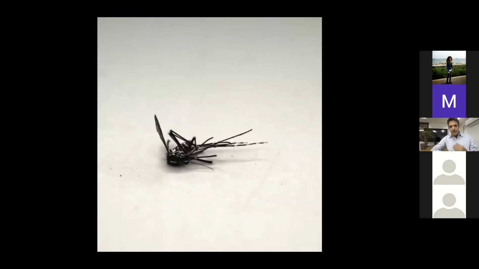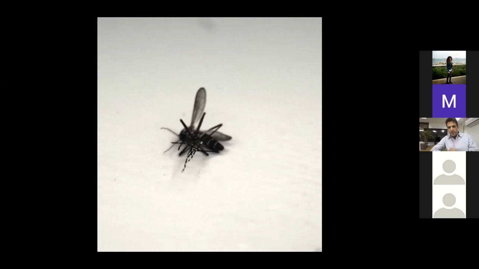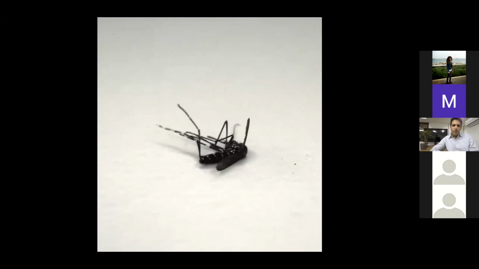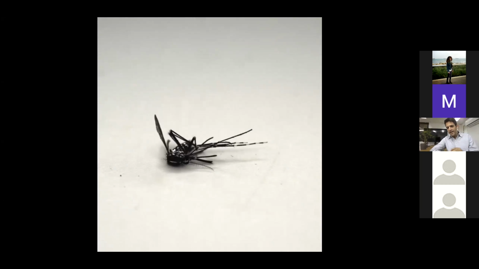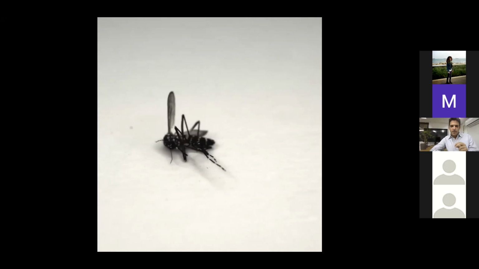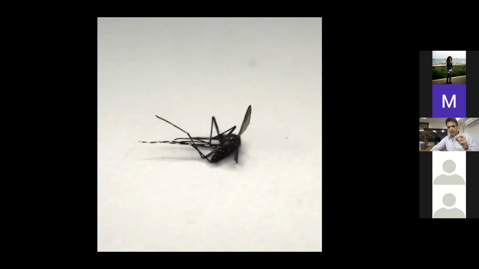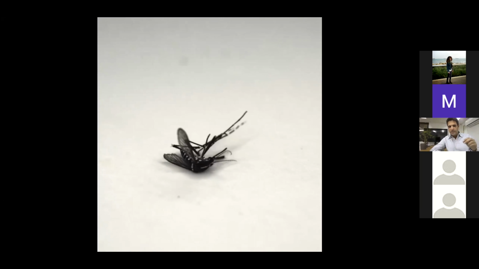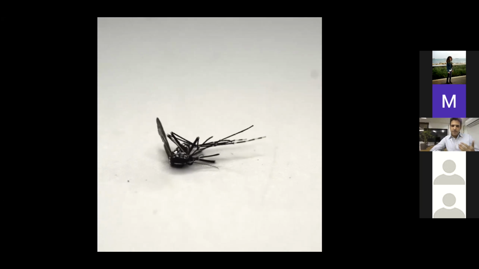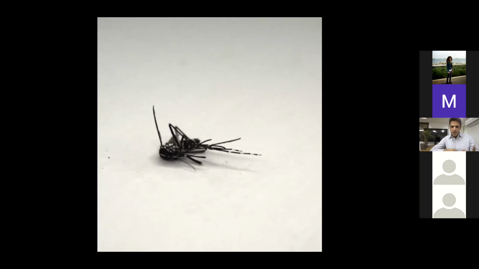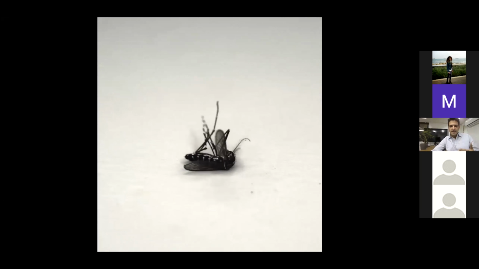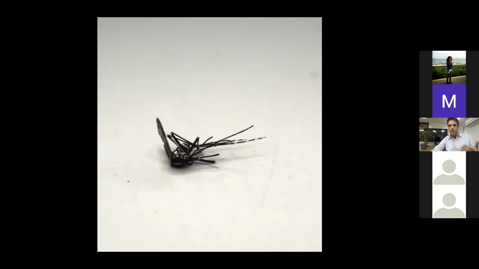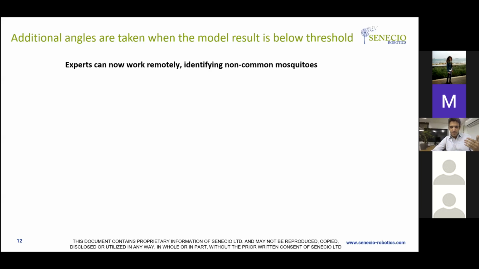We have a rotational camera that rotates around the mosquitoes, the insects. We know exactly what the XY coordinates of each of the insects on the conveyor are. So we rotate the camera in order to generate sets of high resolution images, to provide experts the ability to access them online, remotely, and view both the top view and high resolution images from the side.